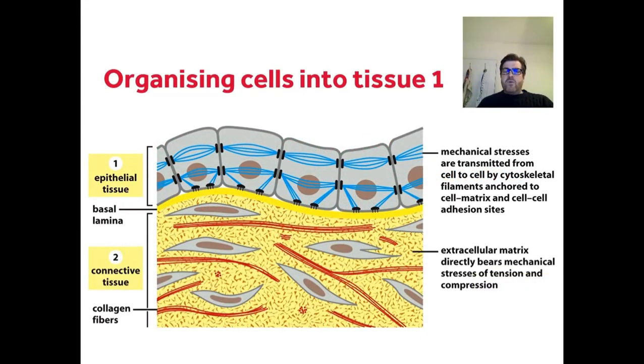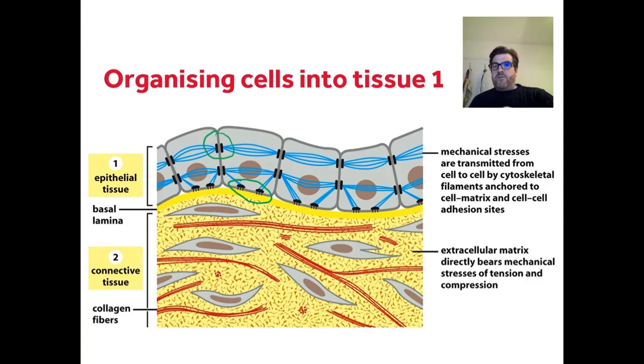So here we're looking at how cells organize into tissues, and what we're really going to look at is how cells connect to one another, and also to a certain extent how they might connect to basement membranes as well.